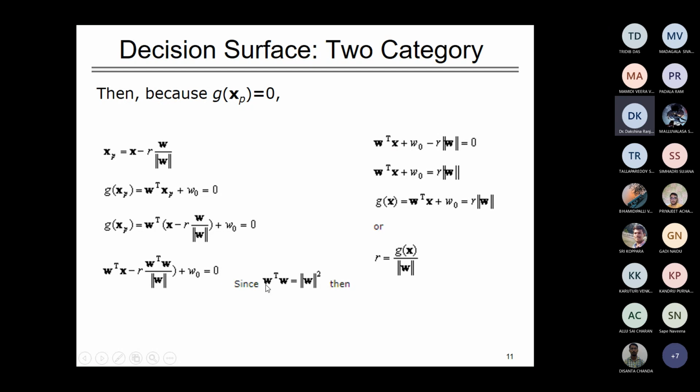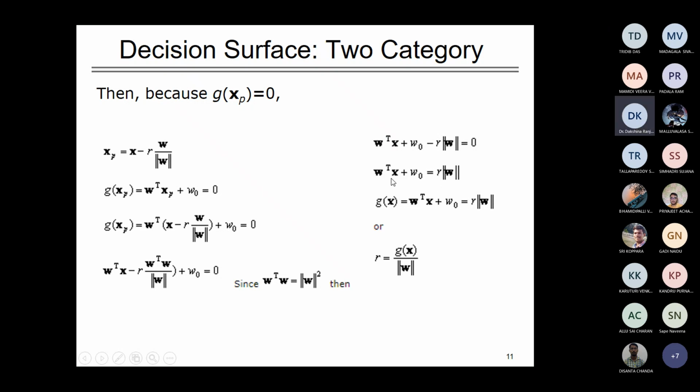Now for w transpose w we can write the square of this norm. W transpose w we are getting the square of this w. And when you write this square of w over this equation, then what we get is w transpose x plus w0, that is the bias, minus gamma of w equals 0.